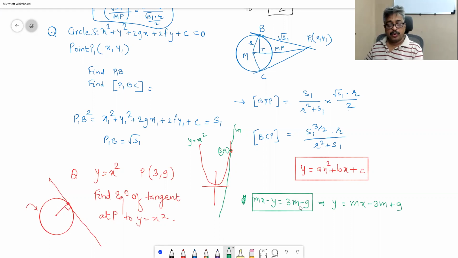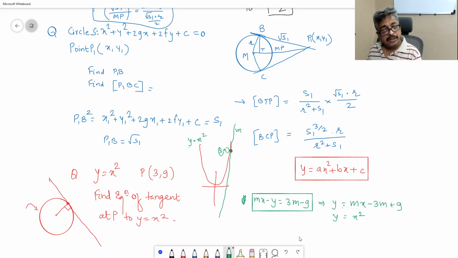Are you there up to this point? We have not found the slope yet, but we have got an equation looking like this, which is supposed to be the tangent. Now if I solve this tangent simultaneously with y is equal to x square, I should get a quadratic equation in x.